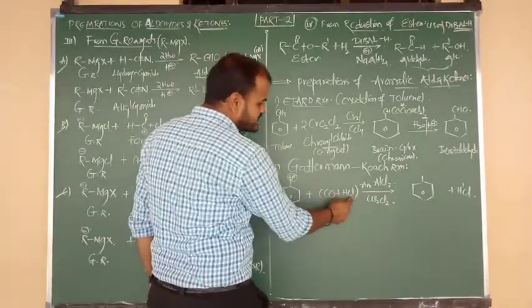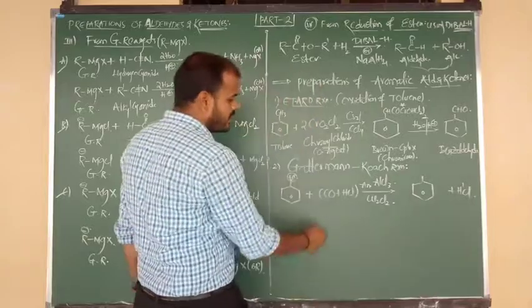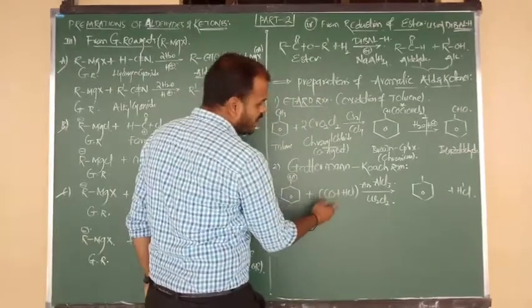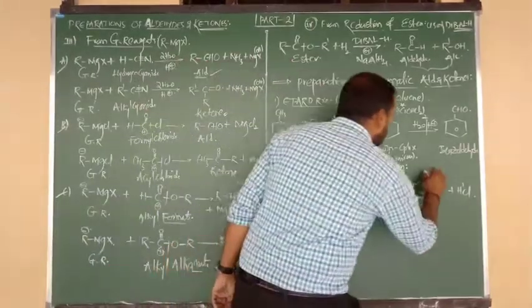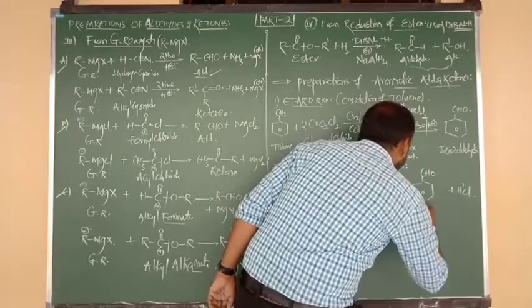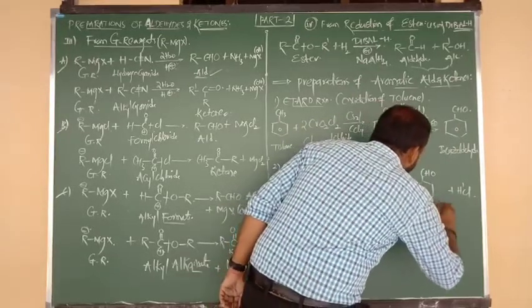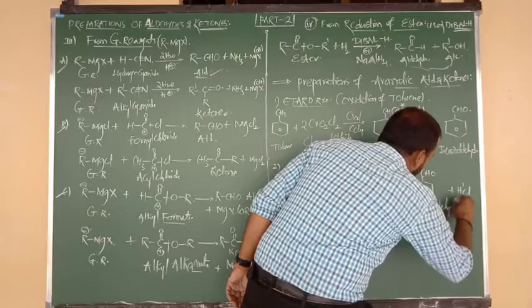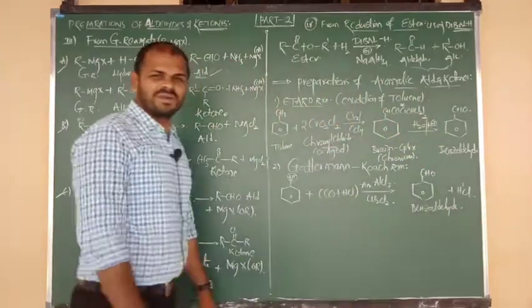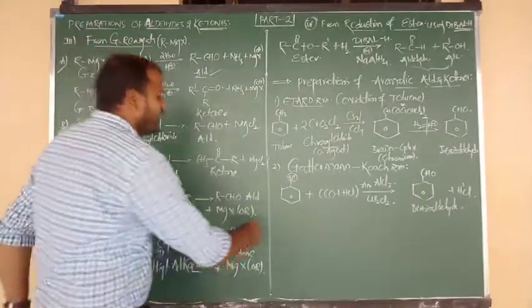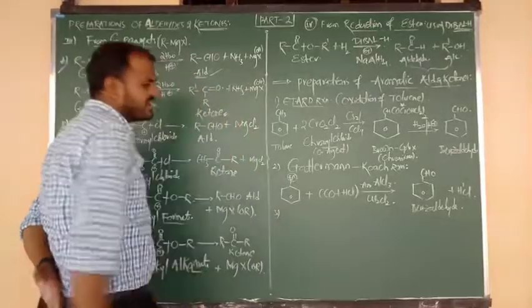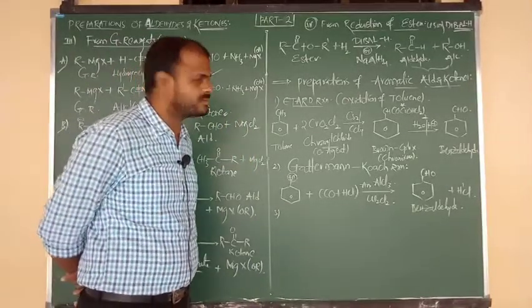H prime combines with Cl and is removed in the form of H prime Cl. Remaining is CHO. Formylation takes place upon benzene. This is your final product. The name of this product is benzaldehyde. What is your product, beta? Benzaldehyde. Good.